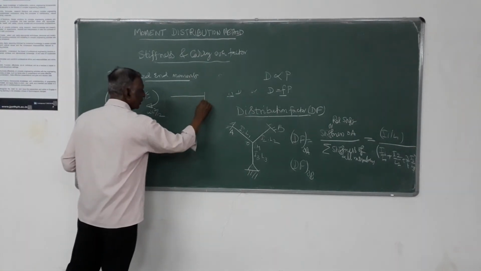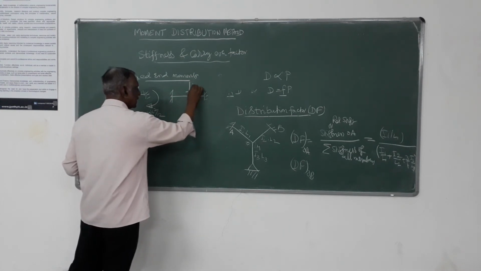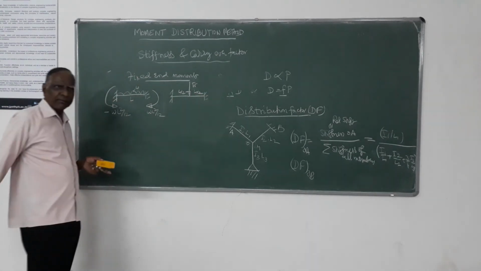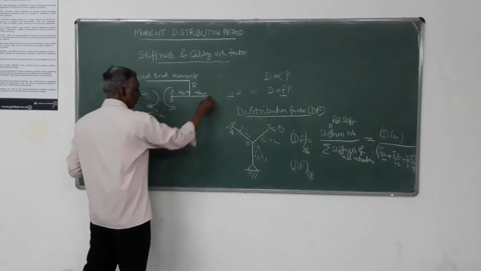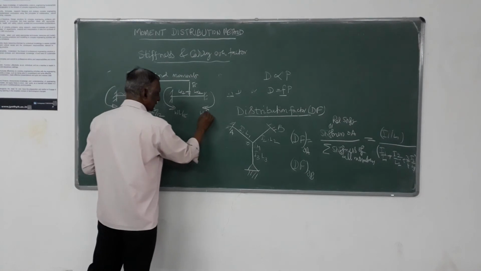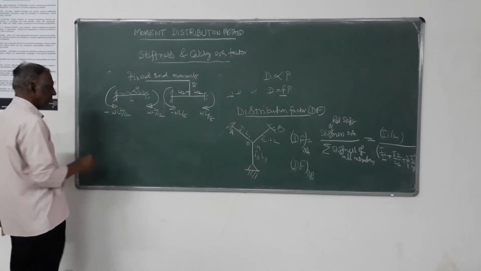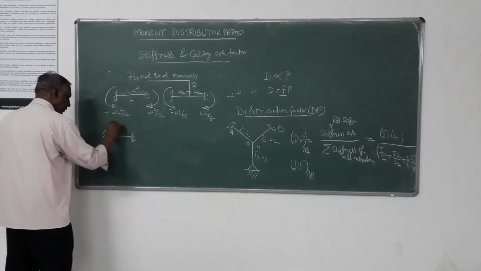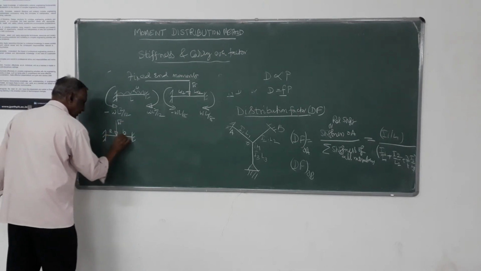Another type of loading which you come across will be a central concentrated load acting on the member. Then its equivalent joint moment will be WL by 8. This is WL by 8. This is minus, that is plus. Another type of load which generally you come across is the eccentric concentrated load.